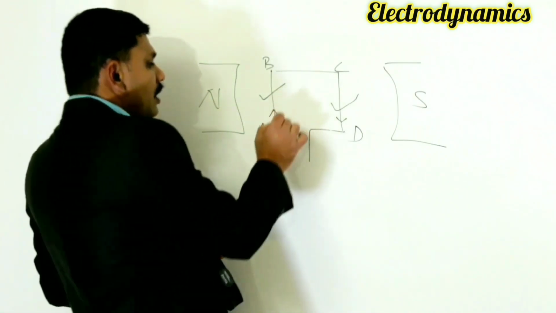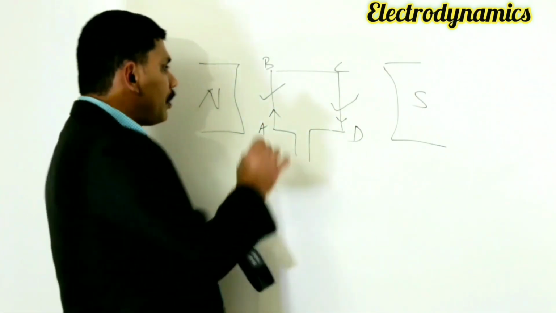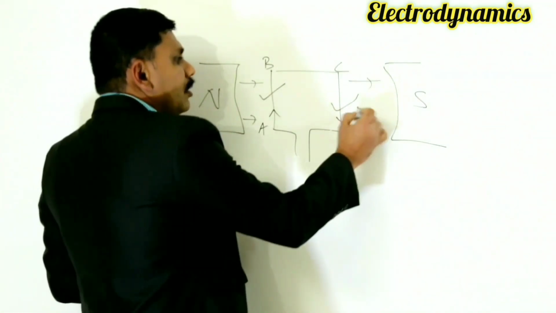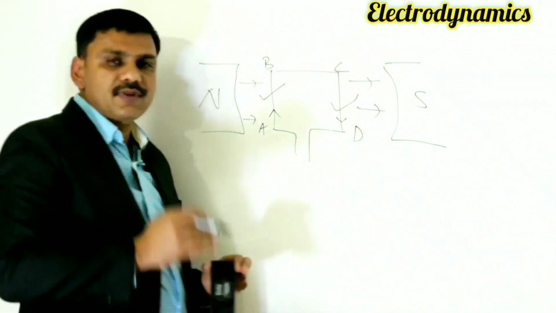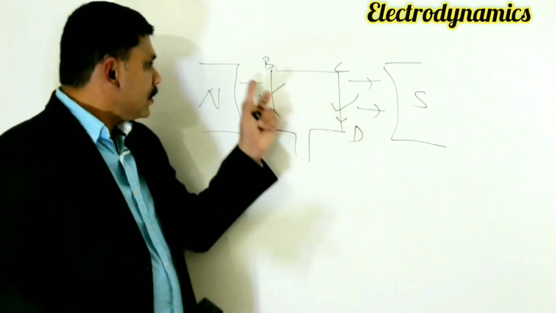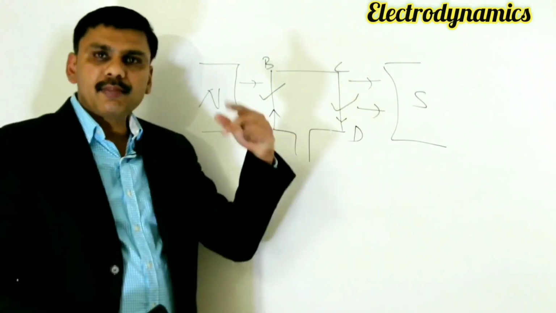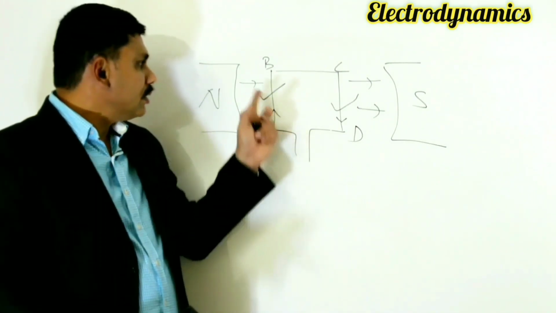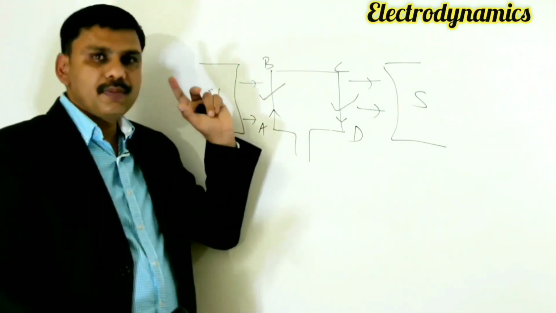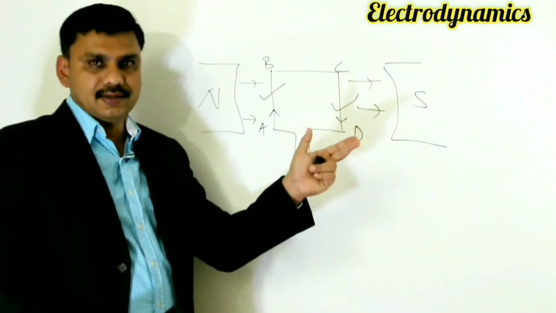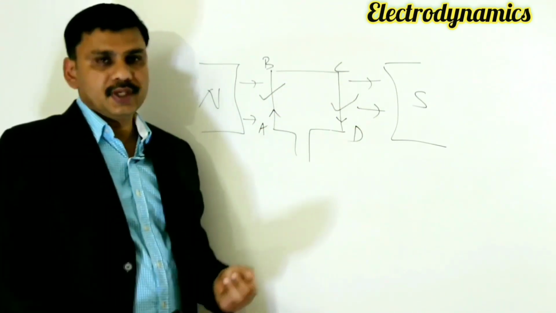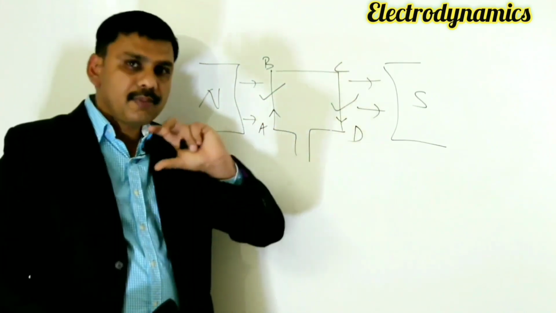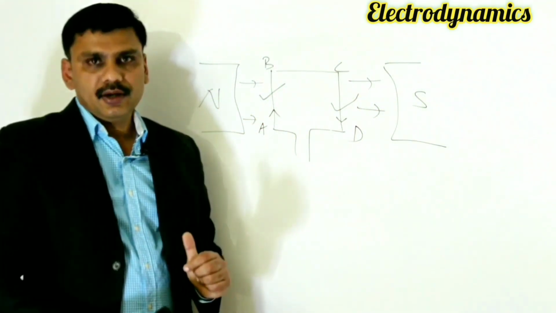Here BC and AD are parallel to the magnetic field. The magnetic field is from north to south. The field lines are not cutting the sides BC and AD, because they are parallel to the magnetic field.